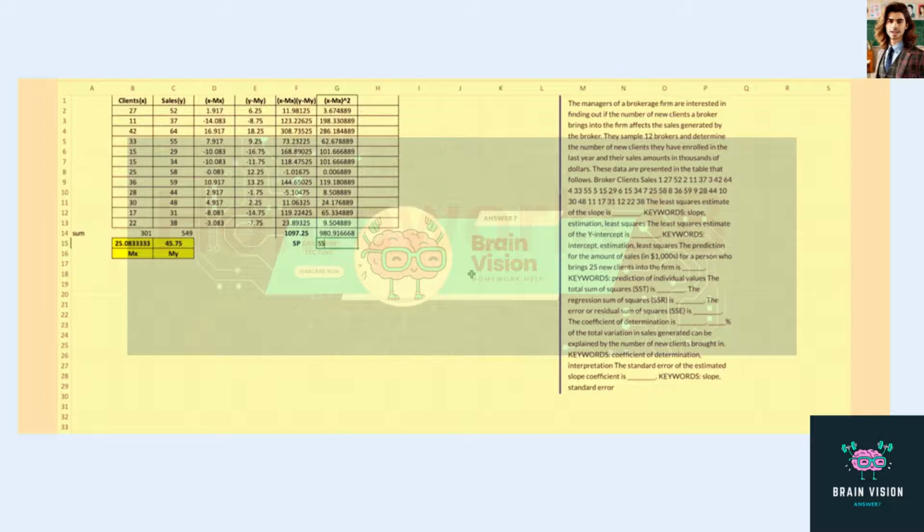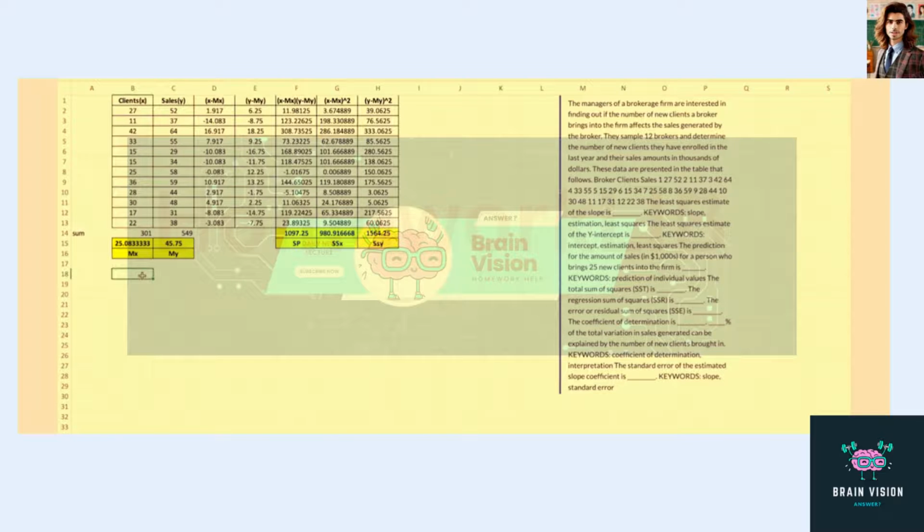This is called the sum of the squares of X. Then I'm going to do the same thing to my Y minus the mean of Y values. I'm going to square those too, so each equals that number squared, going down a little bit more. Then I'm going to sum them, and that's going to be the sum of the squares of Y.